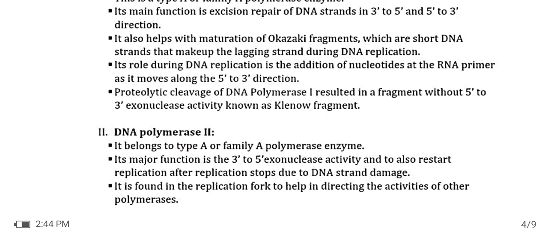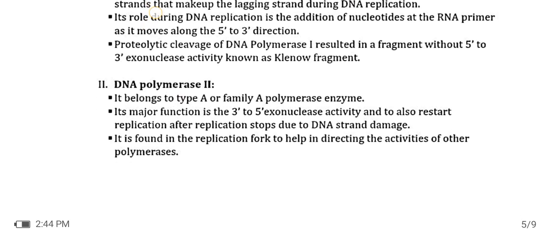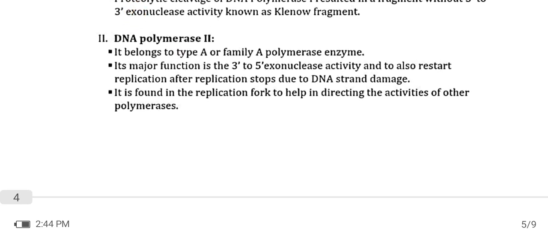Then DNA polymerase 2. It belongs to type A or family A polymerase enzyme. Its major function is 3' to 5' exonuclease activity and also to restart replication after replication stops due to DNA strand damage. It is found in the replication fork to help in directing the activities of other polymerases.